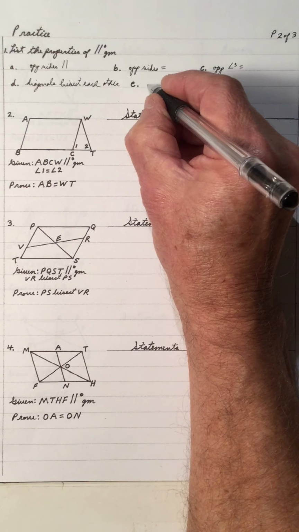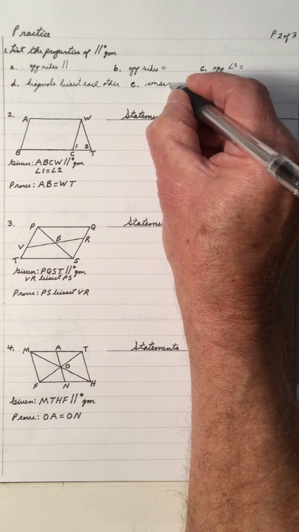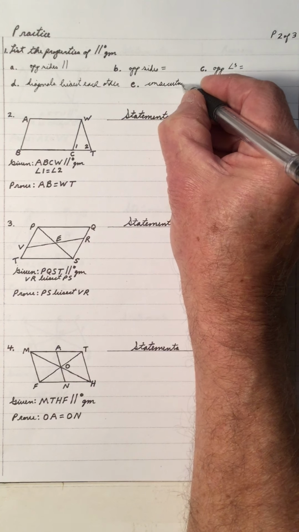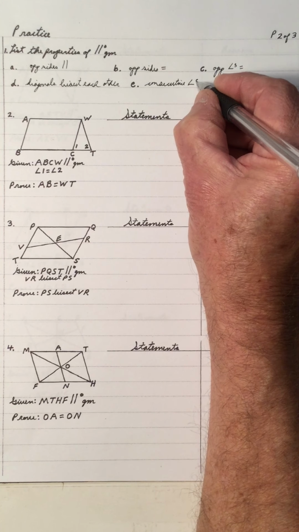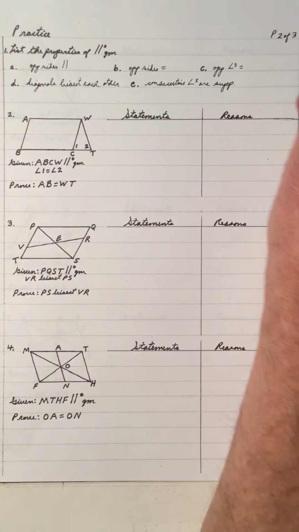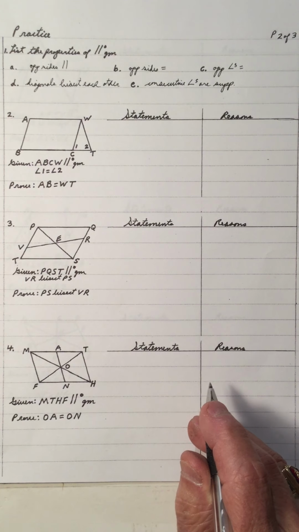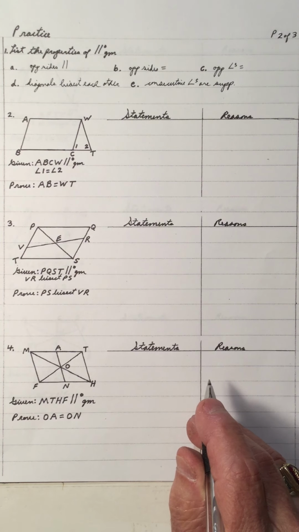And another one is the consecutive angles are supplementary. So these are the properties that I'm going to use in these proofs. Not all the properties, but most of them.